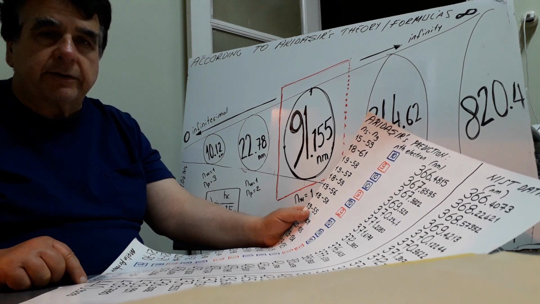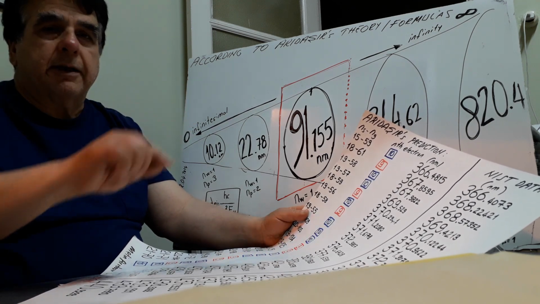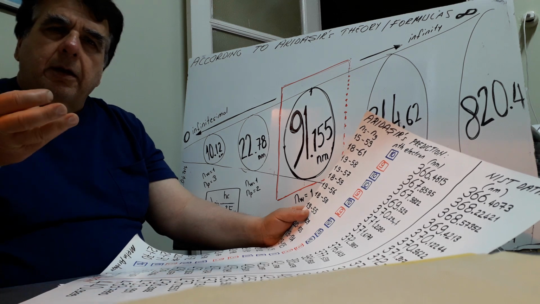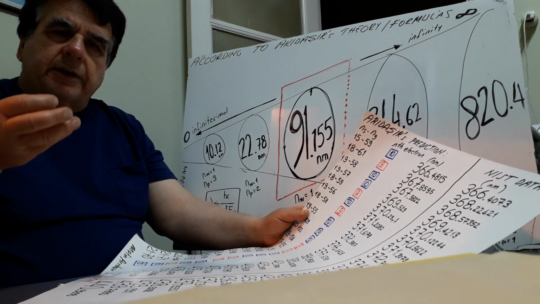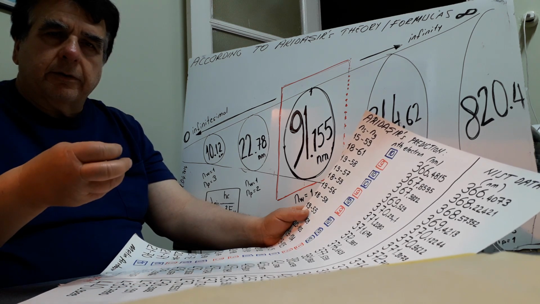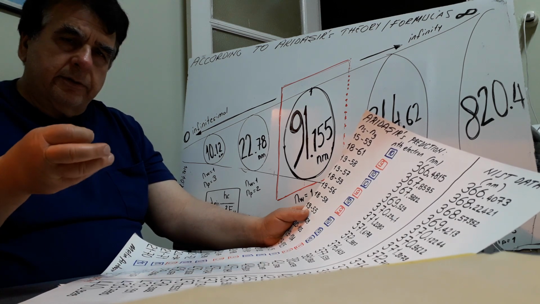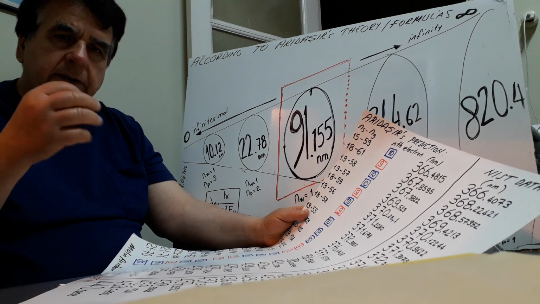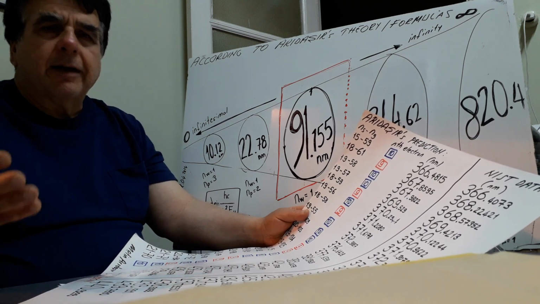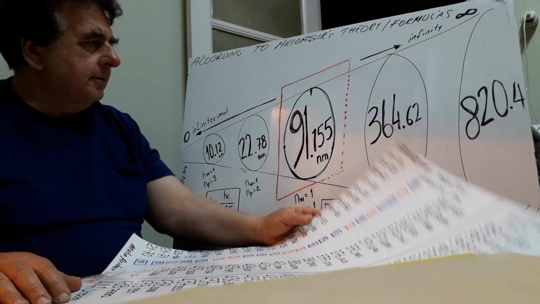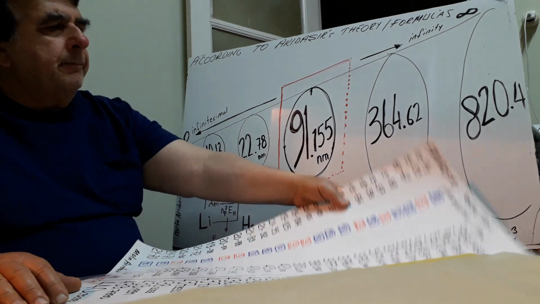I have predicted line by line. For instance, as I told you and as I showed you before, oxygen, carbon, neon, sodium, helium, lithium, hydrogen, well, single, this is hydrogen. Yes.